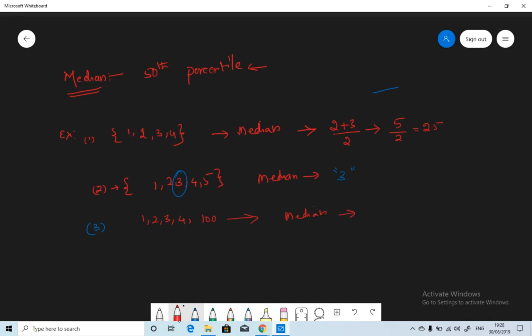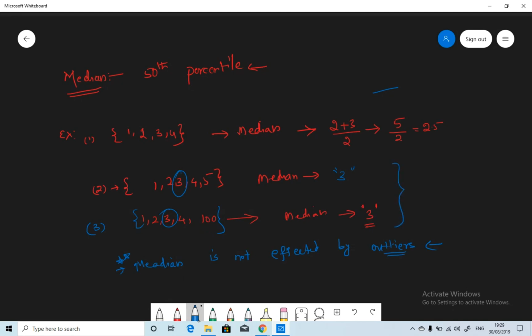What is the median? Median is still 3, right? So what can we write here? Median is not affected by outliers.